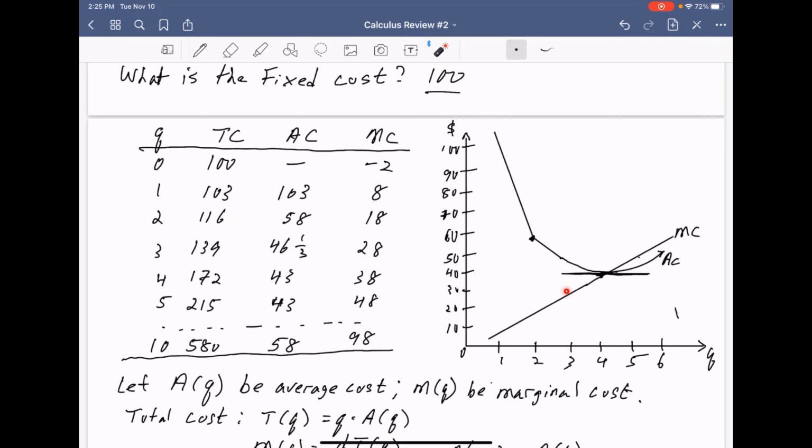The marginal cost curve rises throughout, and this point right here is then the point where the average cost curve reaches its bottom, and it's intersected from below by the marginal cost curve.